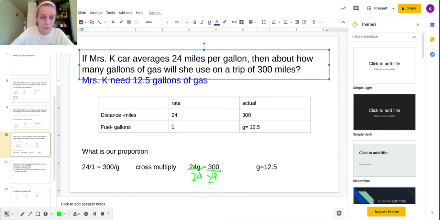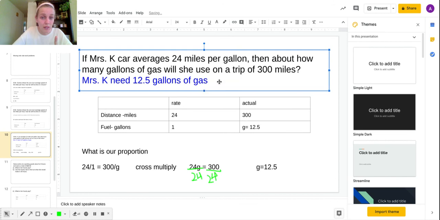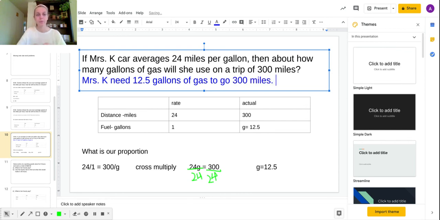Okay, it can be as simple as that. If you want to be very precise, which I would recommend, she needs 12.5 gallons of gas to go 300 miles. Okay, this is being very thorough. That is excellent. Strive for excellence.